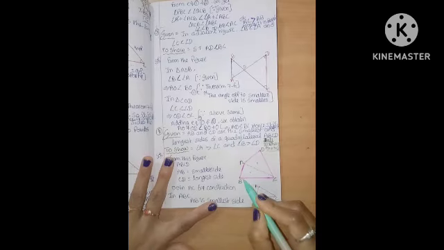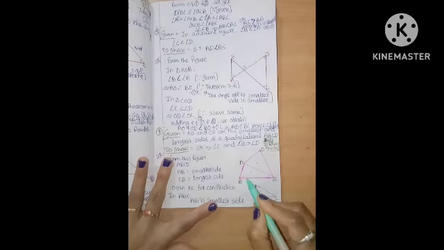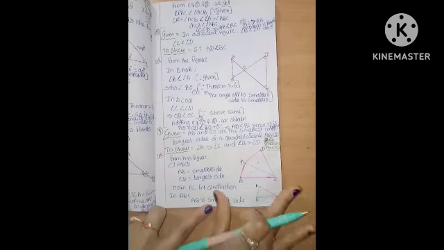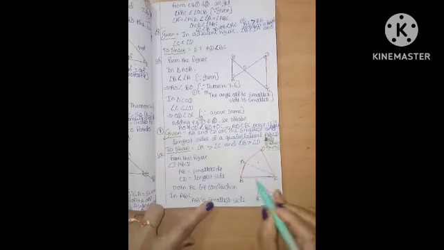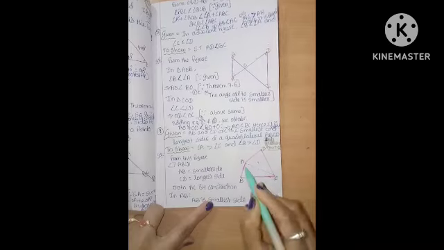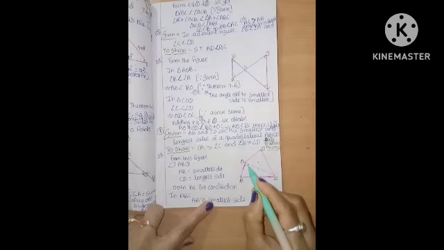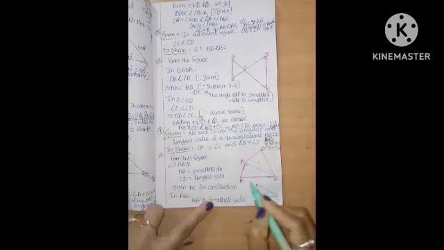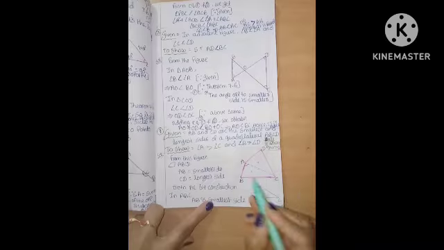The angle opposite the greater side is greater. So the angle opposite the BC side, the greater and longest side, is greater.